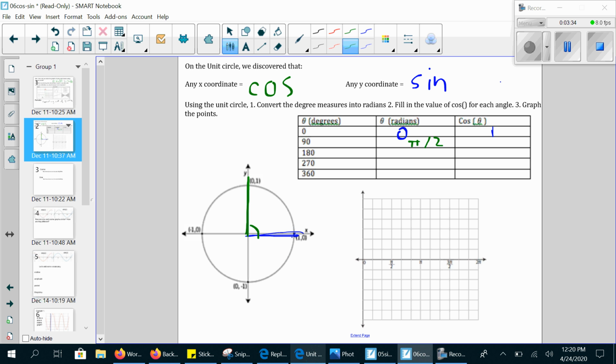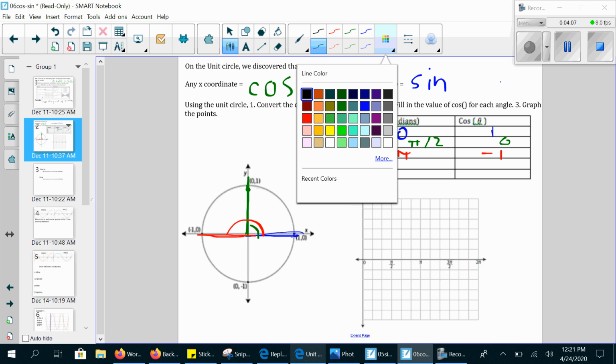So pi over 2 radians, or 90 degrees, is going to hit the unit circle at the coordinate 0, 1, which means that the cosine of 90 degrees, or the cosine of pi over 2, is 0. Cosine of 180, which is going to be right here, and now remember that's pi radians, and so the cosine of pi radians is going to be -1.